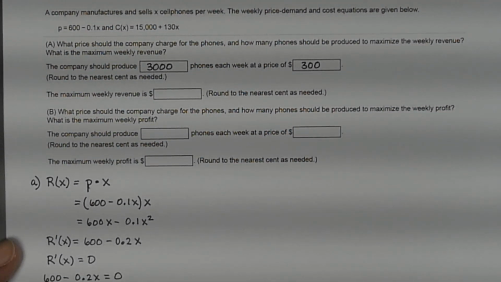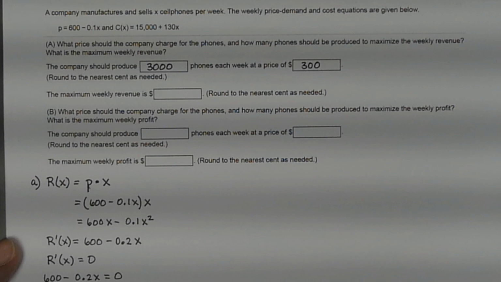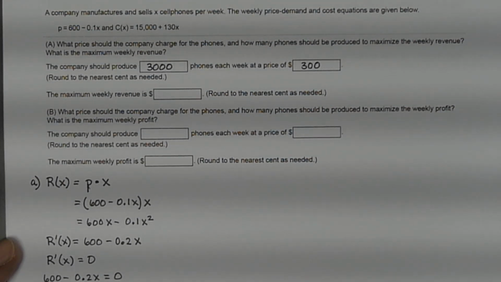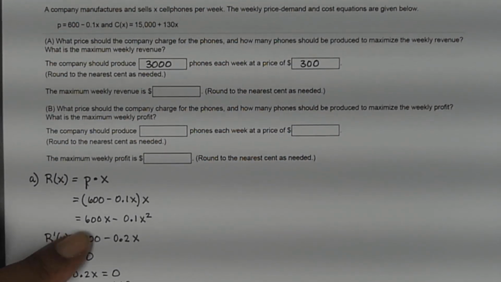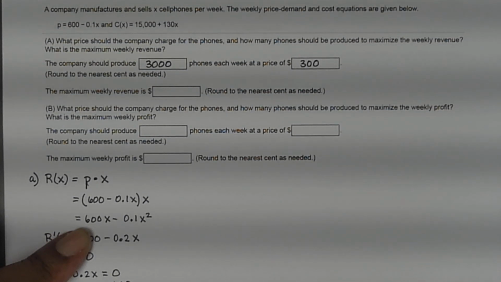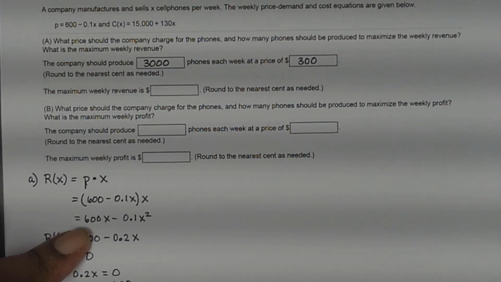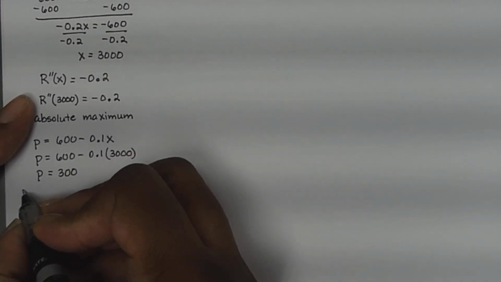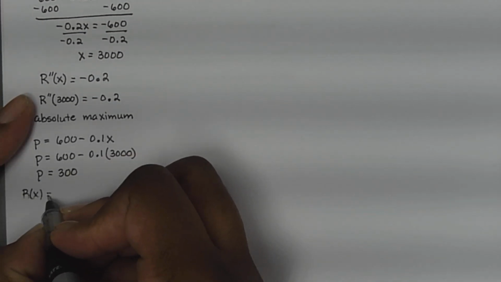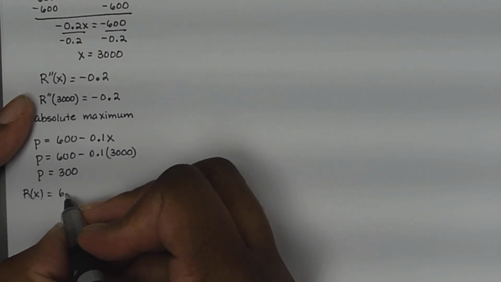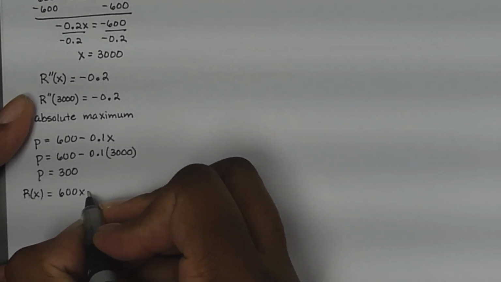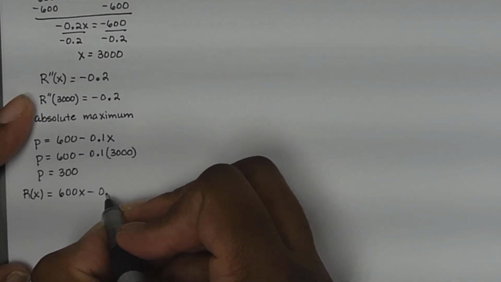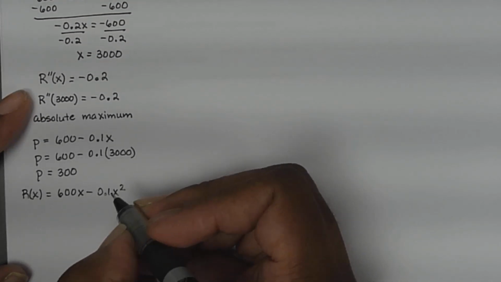And now the maximum weekly revenue is going to be how much? So if our R of X function is this right here, that's 600X minus 0.1X squared, which I will rewrite. R of X is equal to 600X minus 0.1X squared.